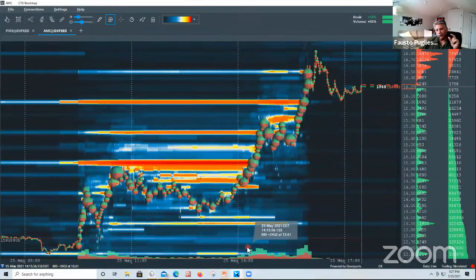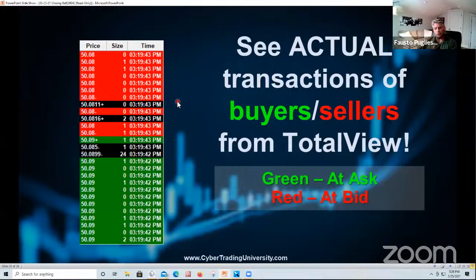There's a lot more green volume bar than red, which means there were a lot more orders that went off. So the way we know if people are getting executed is by time and sales. Green means transactions are going off on the offer. Red means trades are going off on the bid.